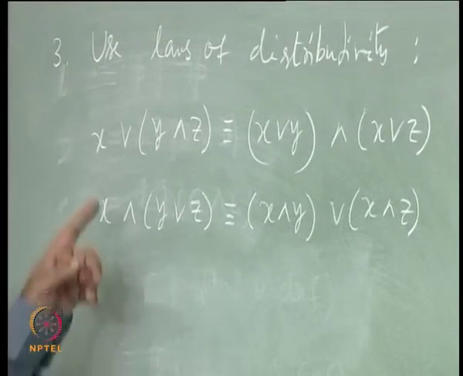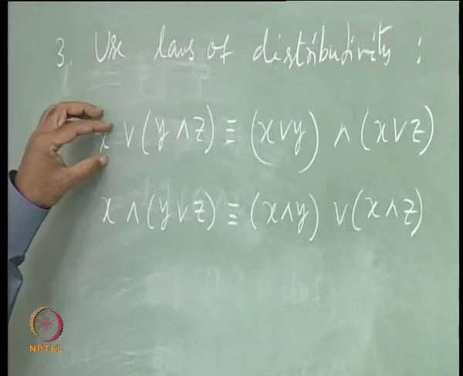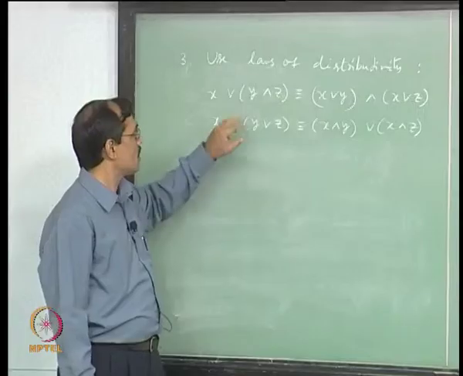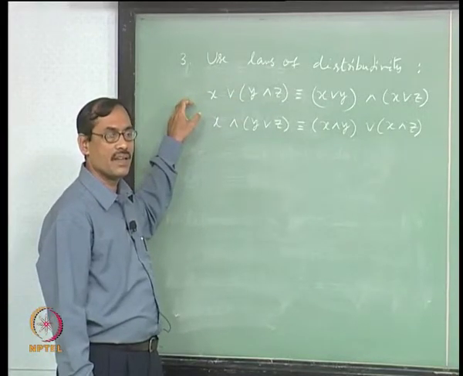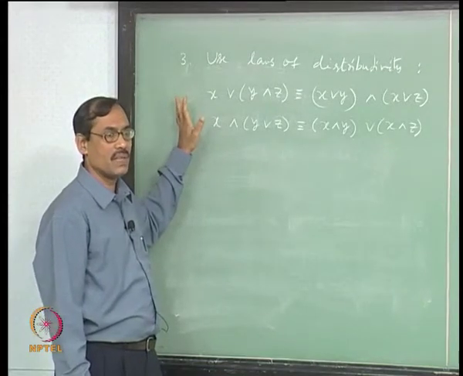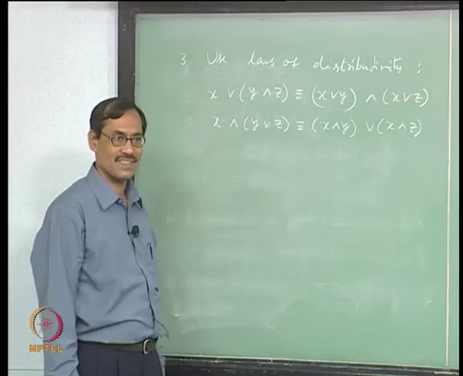So, this says if you have some propositional variable, let us say here p or (y and z), then you can put it in this form. But if it is in the form (y and z) or p, you need commutativity, and you also need associativity, because you are not going to write all those parentheses.